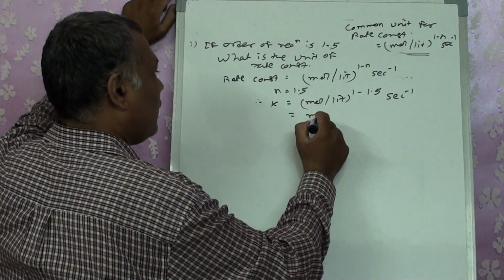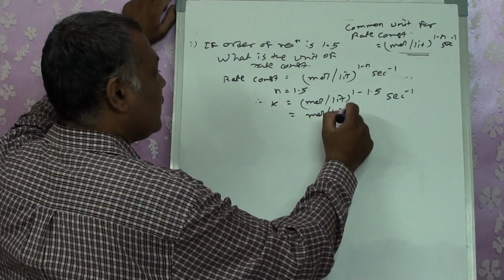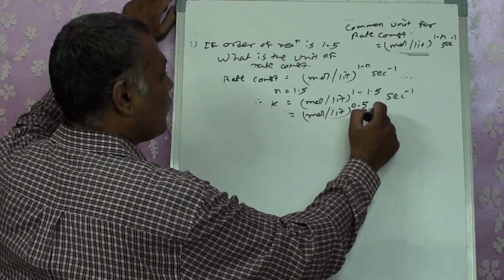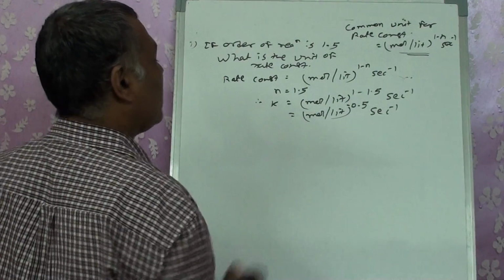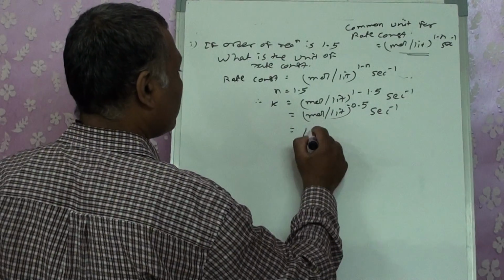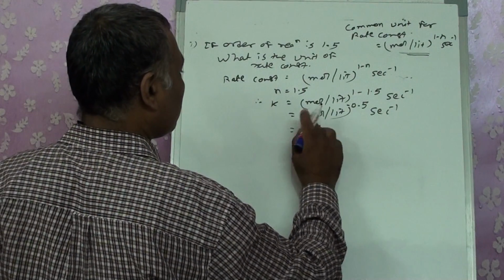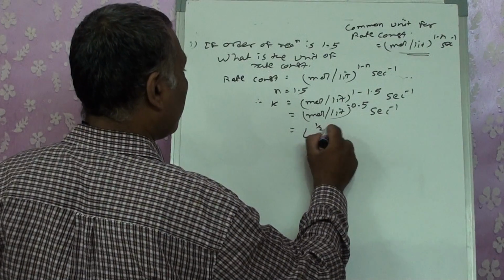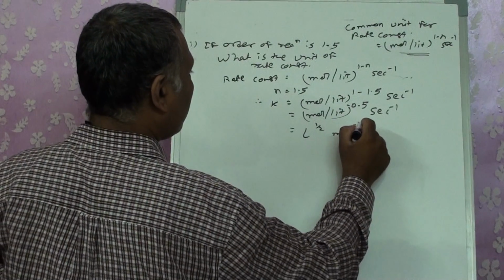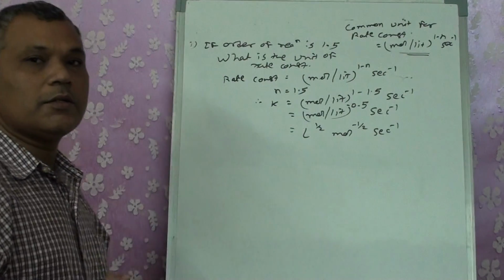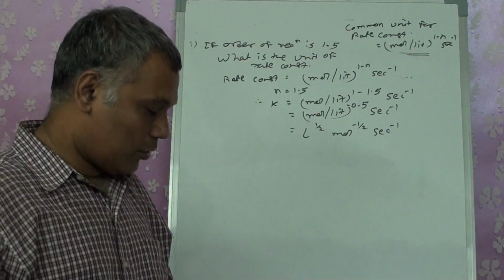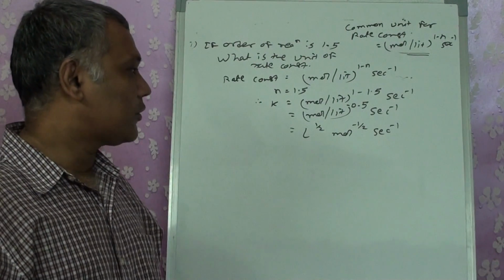This becomes mole per liter raised to 0.5 with a minus sign, so that means we get 1 by 2 mole raised to 1 by 2 second inverse as the unit of the rate constant.